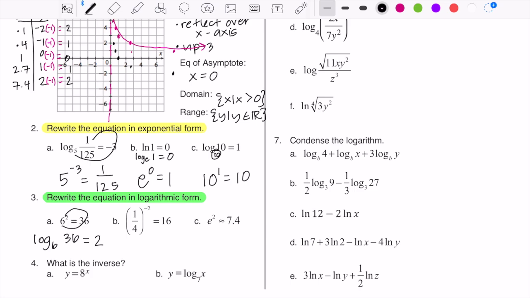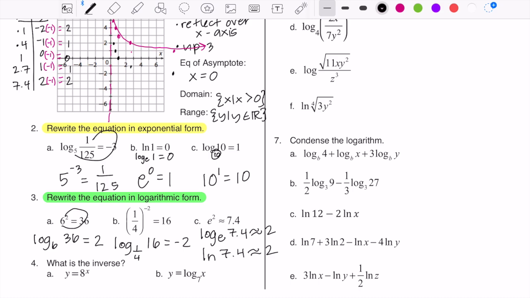So it still has that round pattern of the order you put your numbers in. So this is log base 1/4 of 16 equals negative 2. And this one is log base e of 7.4 is approximately 2, but we don't ever leave log base e, so that's the natural log of 7.4 is approximately 2.